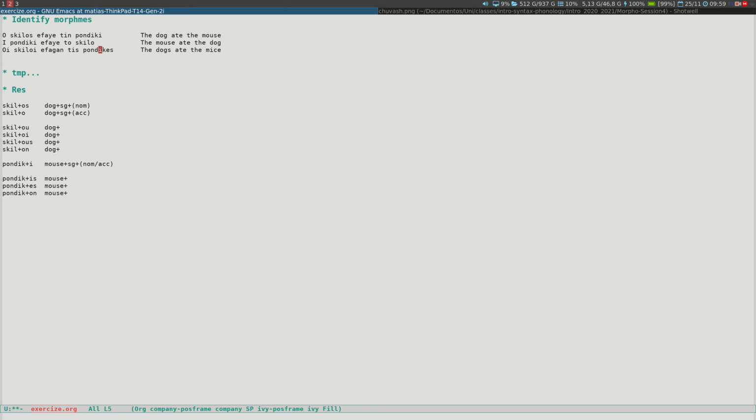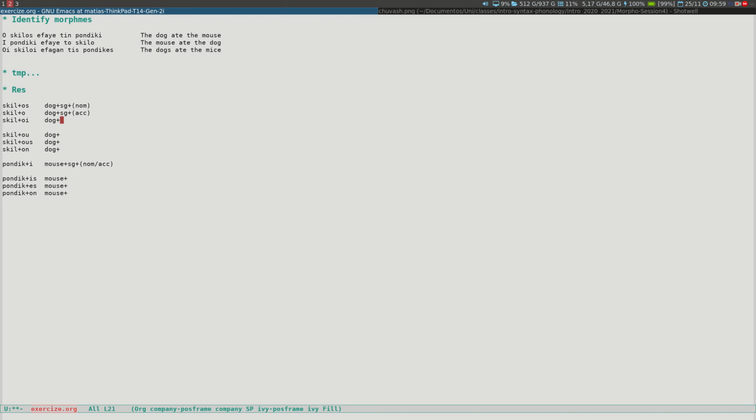And pondiki is still there for mice, and skilo is still there for dog, but now we have this E here. I didn't even add that one, did I? Skilui. Or did I? No, sorry, I did. I have it here.